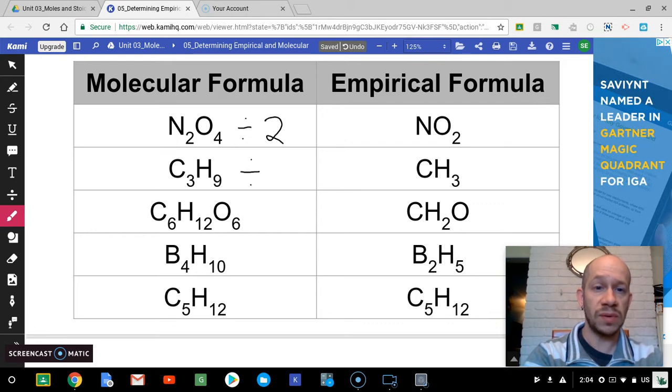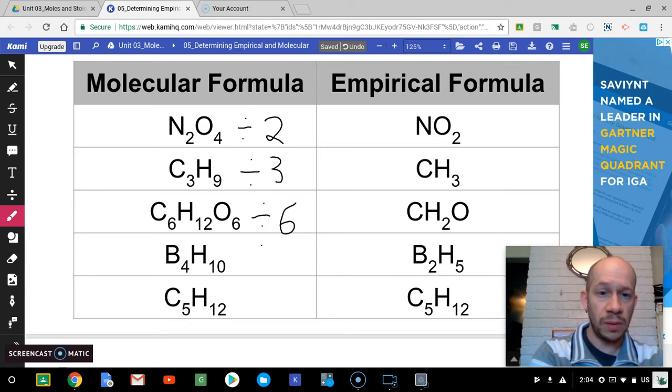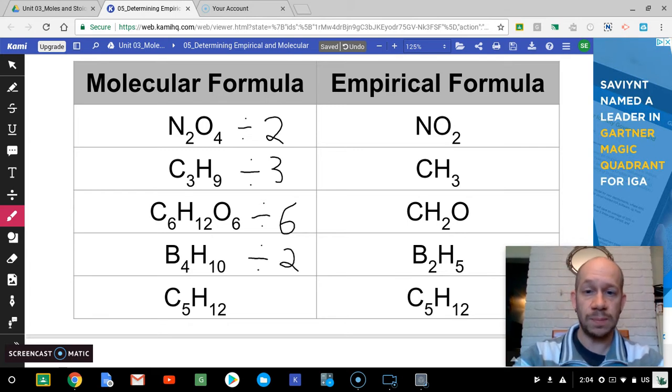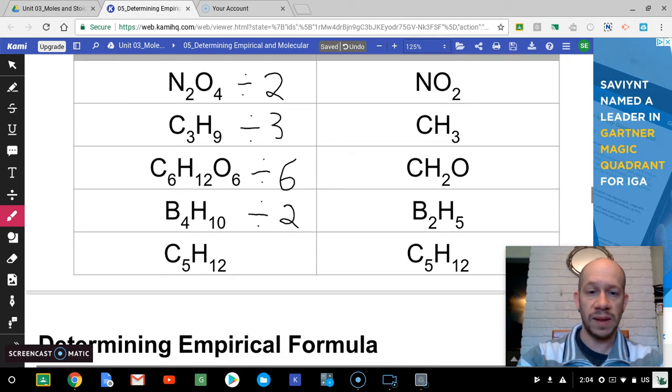I'm going to write those numbers in so that it's a little more clear. Divide by 6. B4H10, if I divide both by 2, because that's a common factor, I'll get B2H5. C5H12, there is no common factor, so I cannot reduce this any further. Therefore, this molecular formula is also the empirical formula.